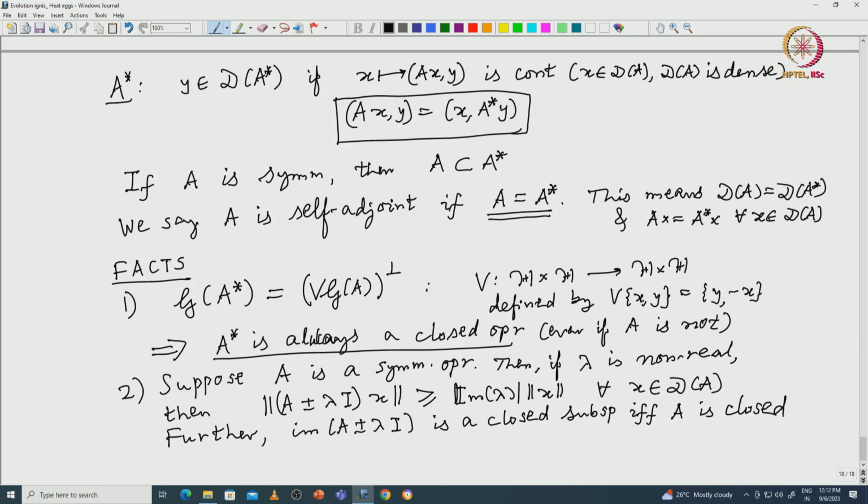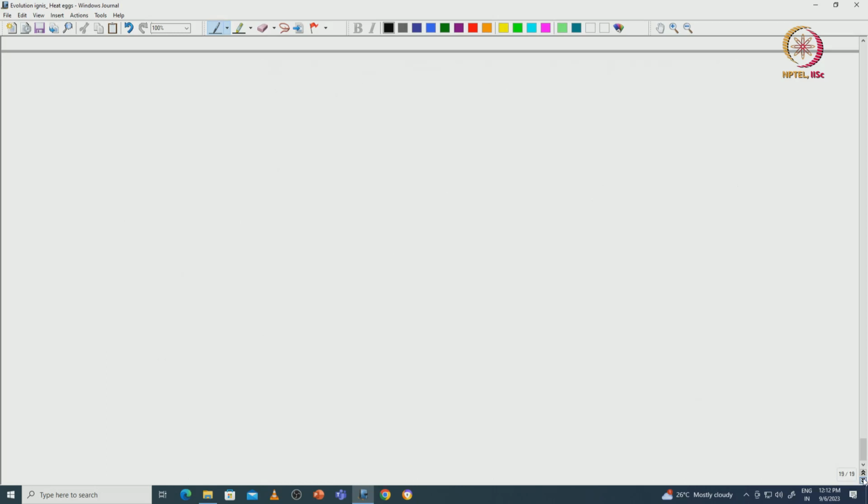Okay, so this identity gives this result. So this image or range of this operator is a closed subspace if and only if A is a closed operator. Okay, and this gives a necessary and sufficient condition, so that is the third one.